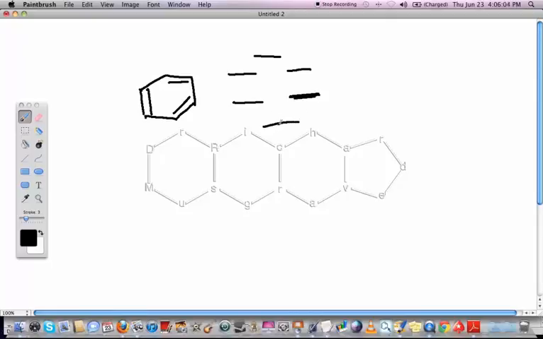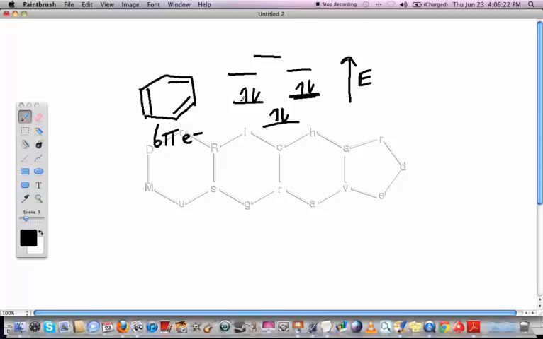And we had 6 pi electrons, 2, 4, 6, and we put the electrons in our energy diagram like this: 1, 2, 3, 4, 5, and 6.